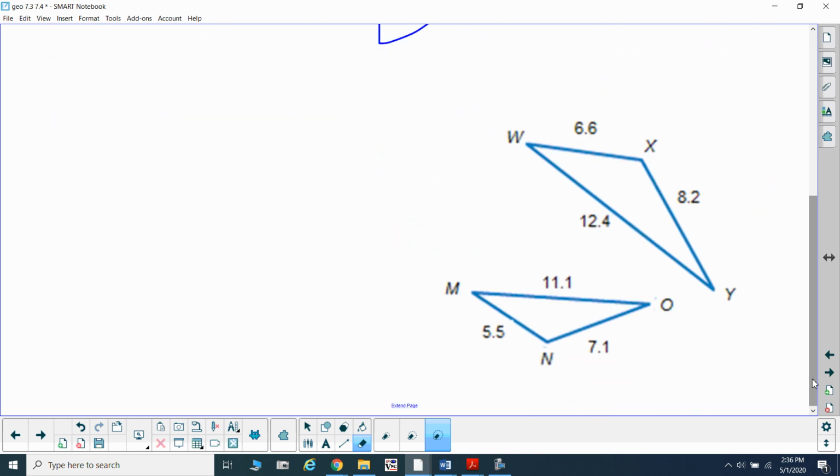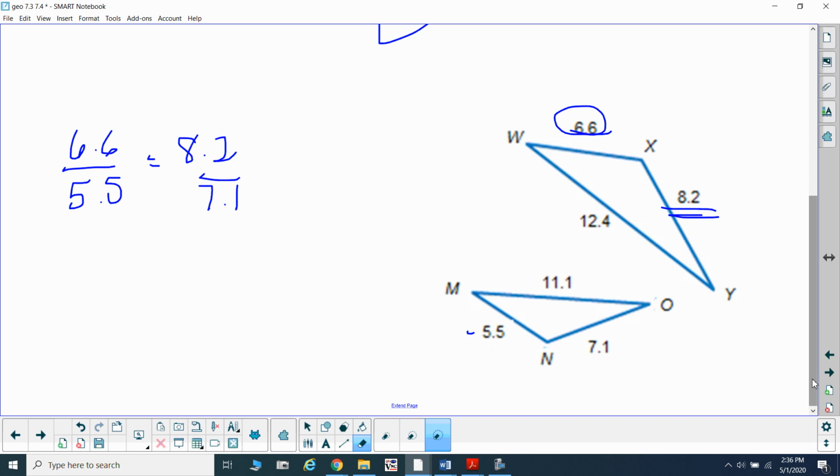Here we have another set, and we have to look at the proportions again. Smallest side here is 6.6 over smallest one here, the 5.5. Is that equal to medium triangle over medium triangle?